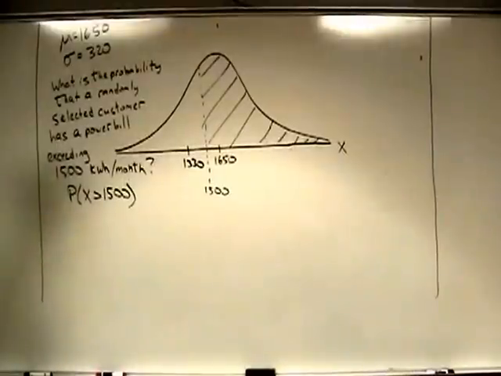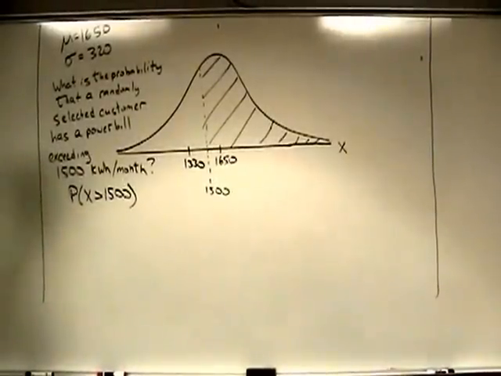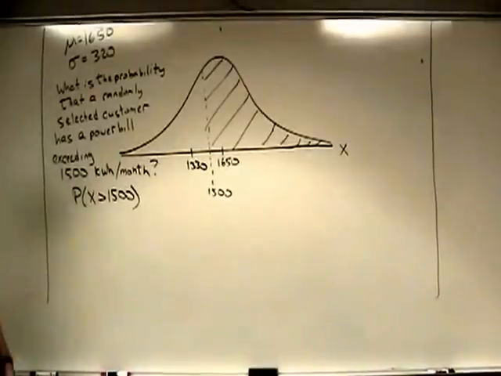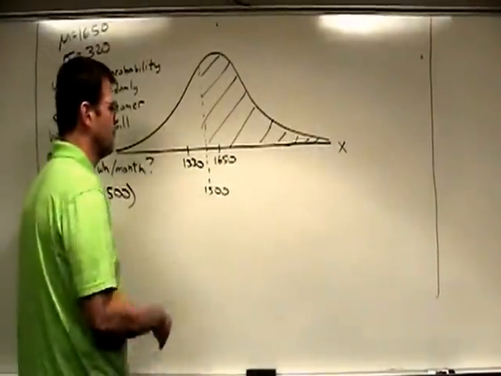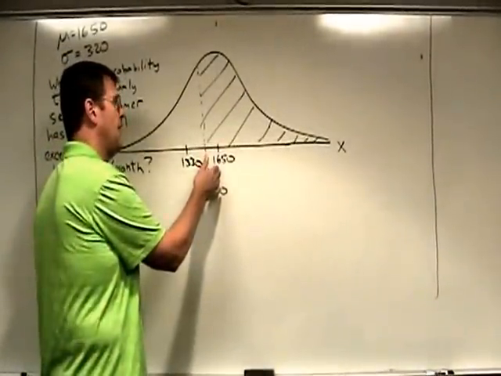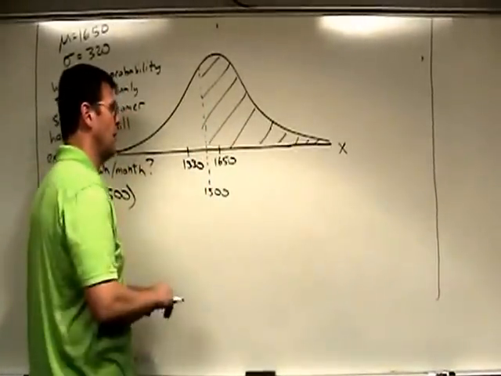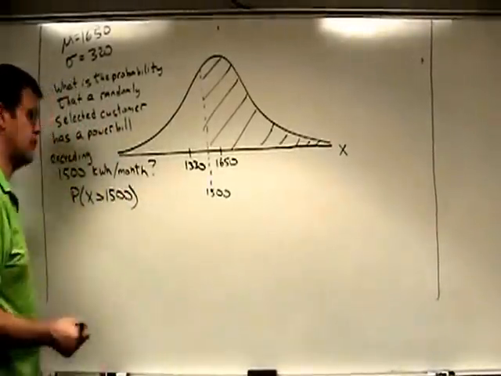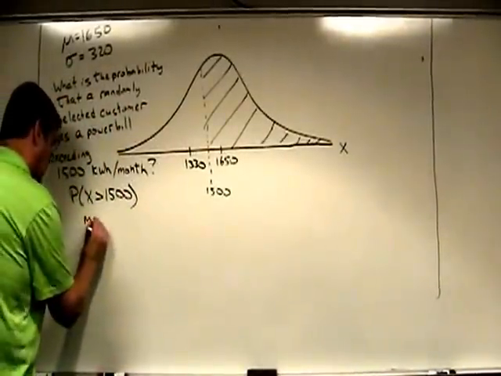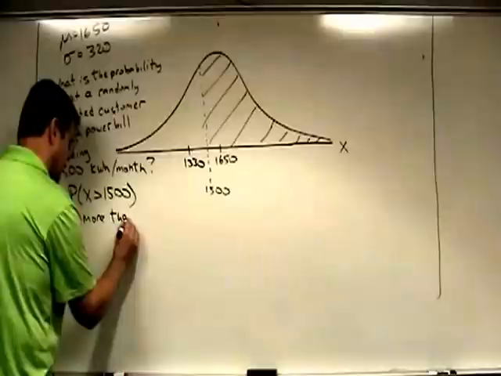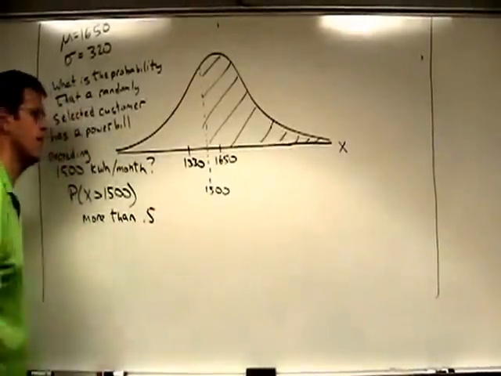So first off, before we go to the calculator here, what does the empirical rule tell us? Well, even without the empirical rule, we know this is symmetric. It's split at 1650, and we've got a little bit more than half of this. So we know that this answer right here has to be more than a half.